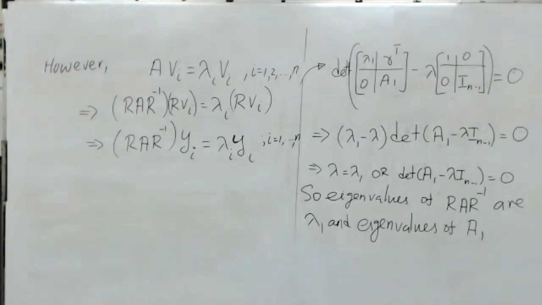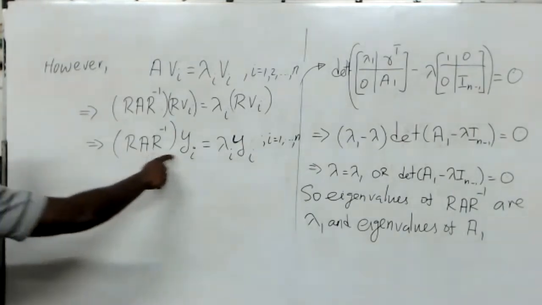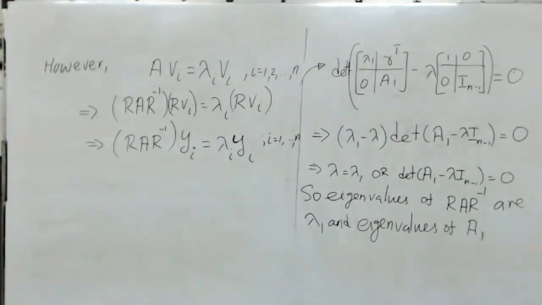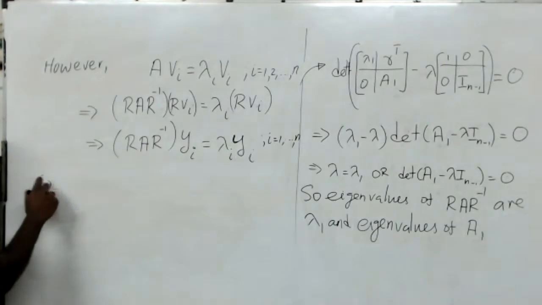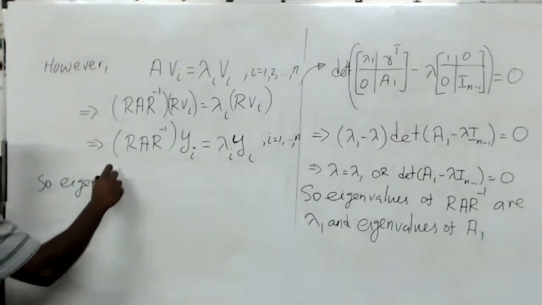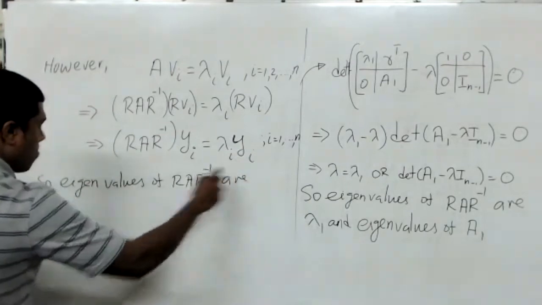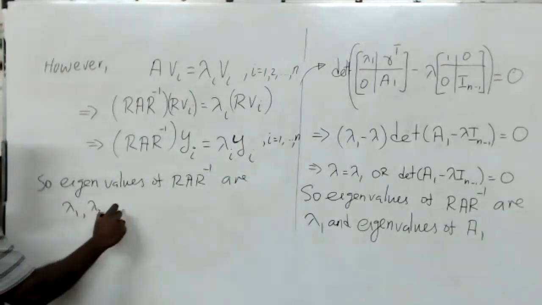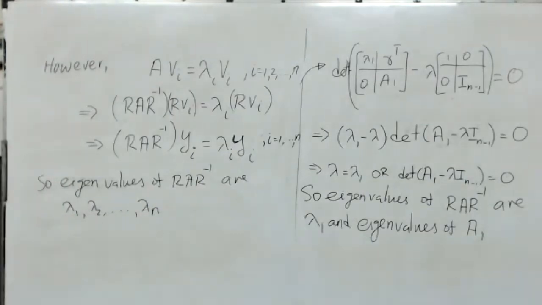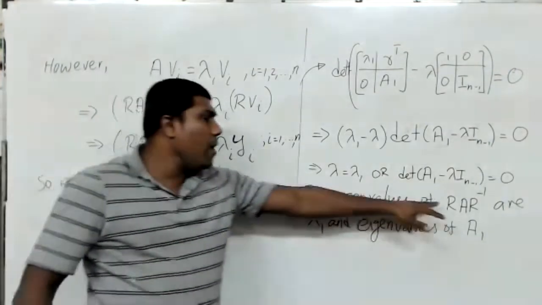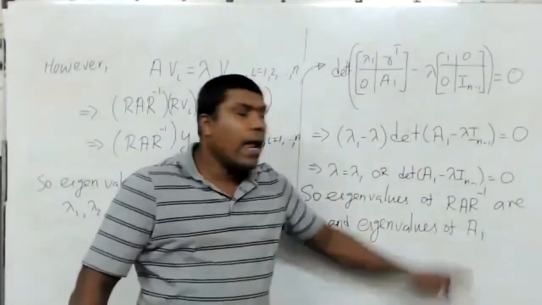So this says the eigenvalues of R A R inverse are lambda 1, lambda 2, up to lambda n, the same eigenvalues as A. So on this side, the eigenvalues of this matrix are lambda 1 and the eigenvalues of A1.